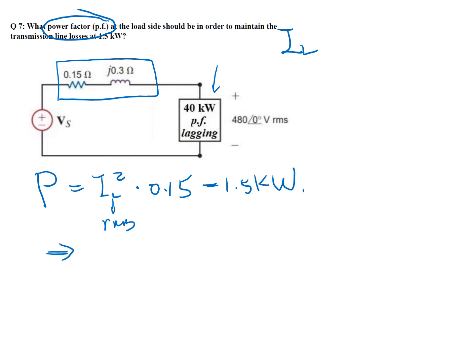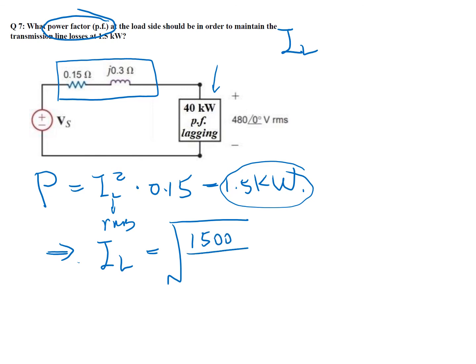Thus, we can easily find IL is equal to the square root of 1.5 thousand over 0.15, that's 100 amps root mean square value.